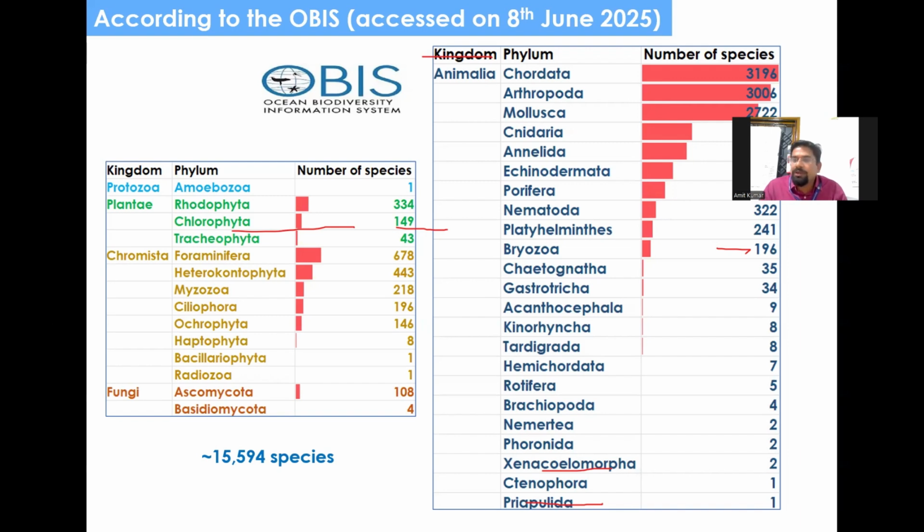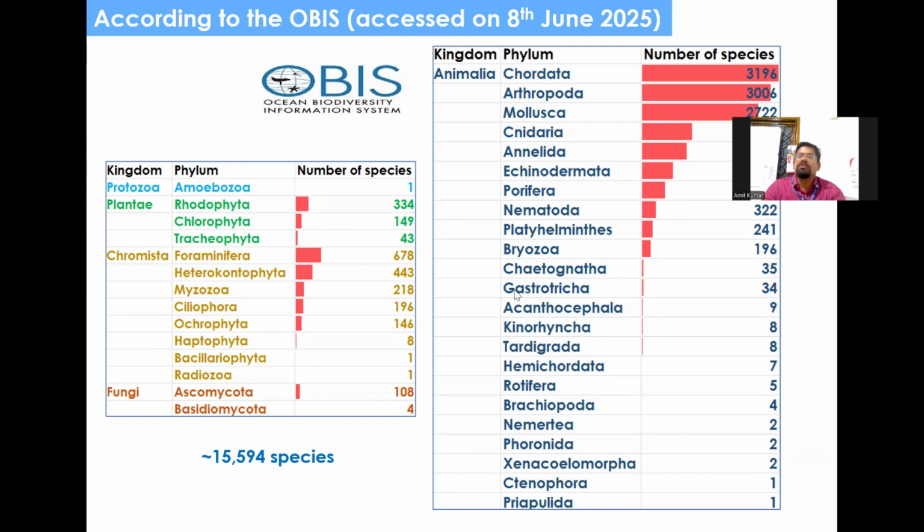In the fungi, Ascomycota is dominant with 108 species. And if we look into the kingdom Animalia, the majority of the reported species belong to the phylum Chordata, followed by Arthropoda, Mollusca, Cnidaria, Annelida.